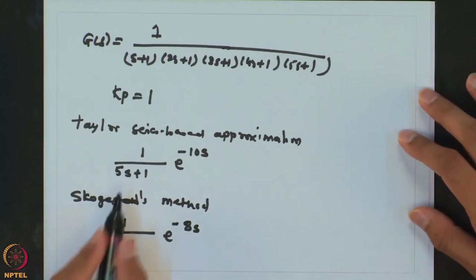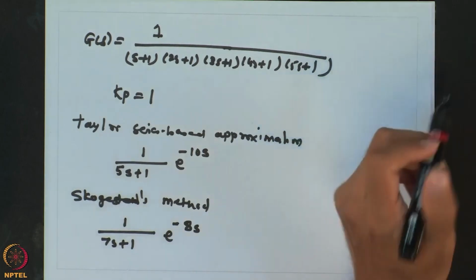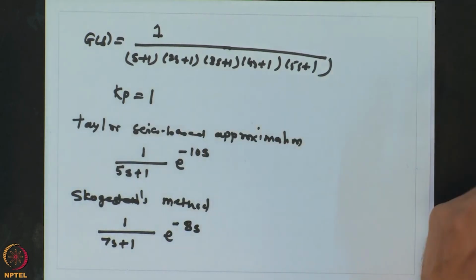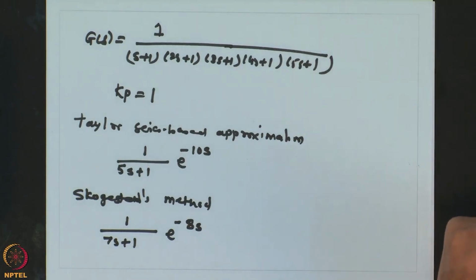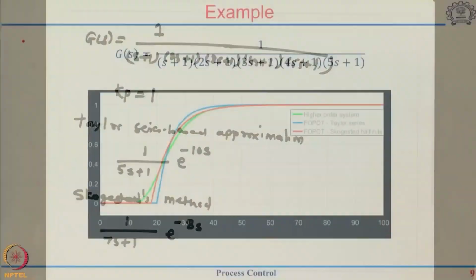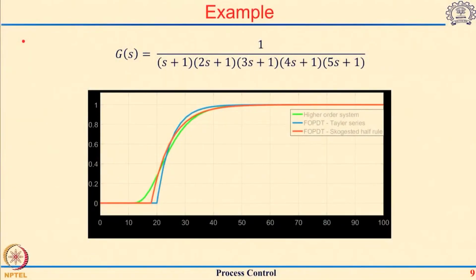So both these are approximations for this transfer function, and if we plot a step response of this particular transfer function, you can see that the response is shown here. The green line represents the actual response where the step change was given at time t equal to 10, and you can see that both these models are approximating the behavior with a good match.